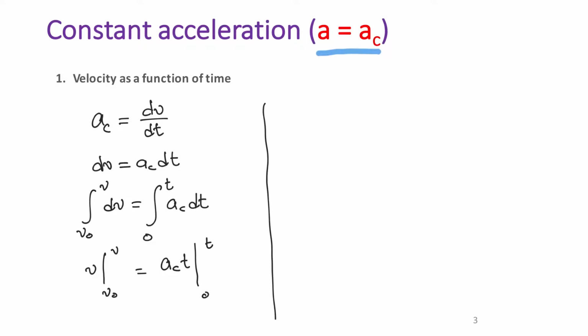Now, if we substitute, we will get v minus v0, which is equal to a_c multiplied by t, or in other words, v equals v0 plus a_c multiplied by t, which is the famous constant acceleration relation between the velocity as a function of time.